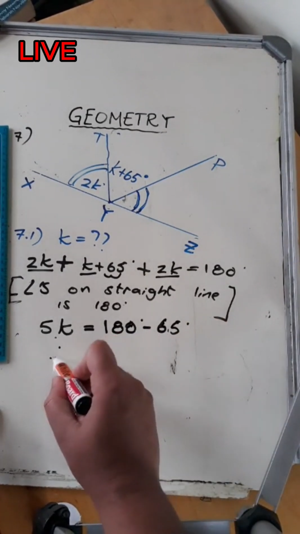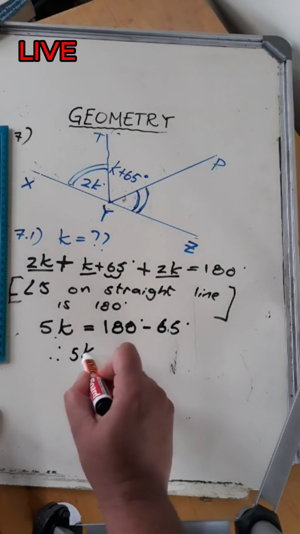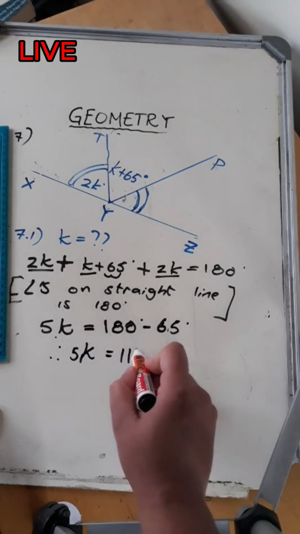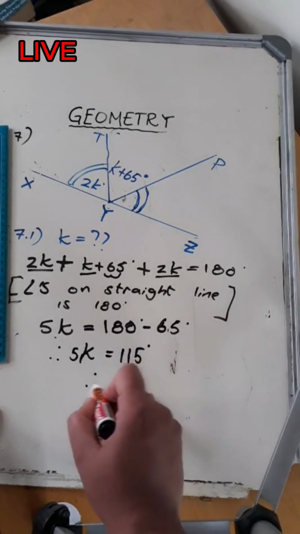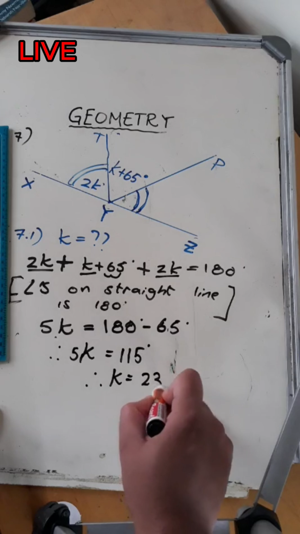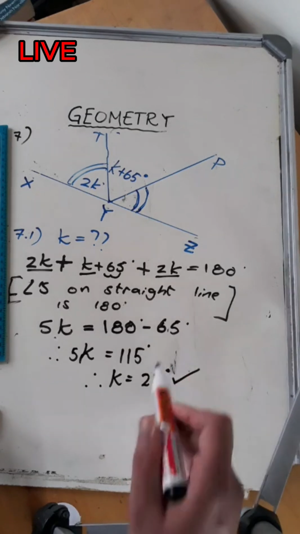So that means 5k is equal to 115. So that means k is equal to 23 degrees, and that's your final answer.